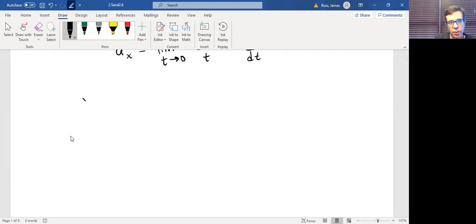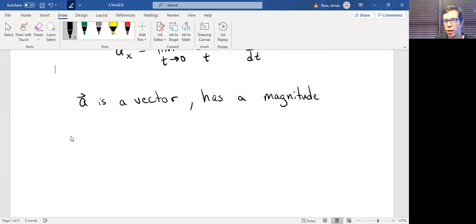Few things to observe. A is a vector. And that means that it has a magnitude and a direction. Magnitude, again, just means its size. That's the numerical value associated with it.